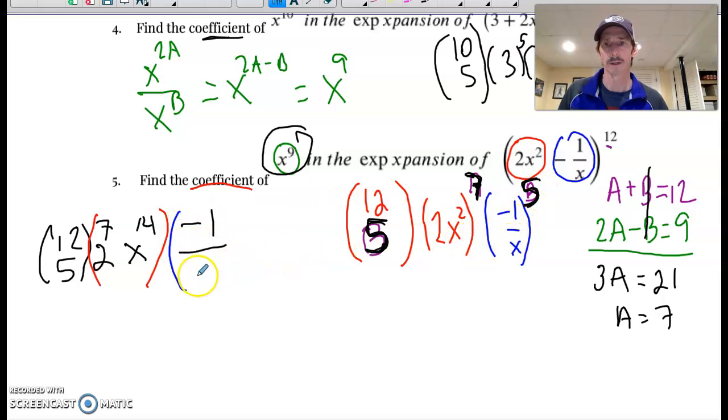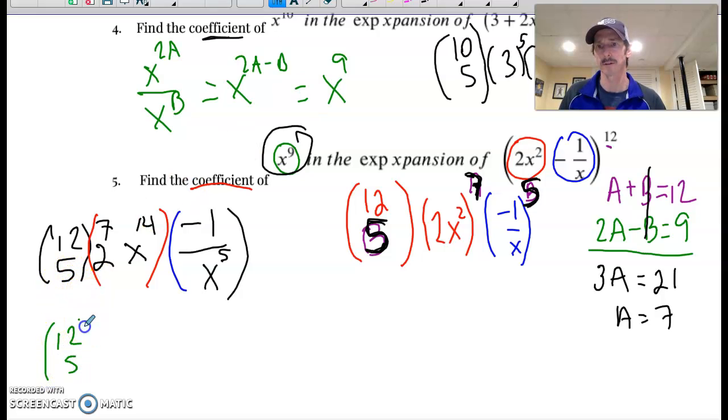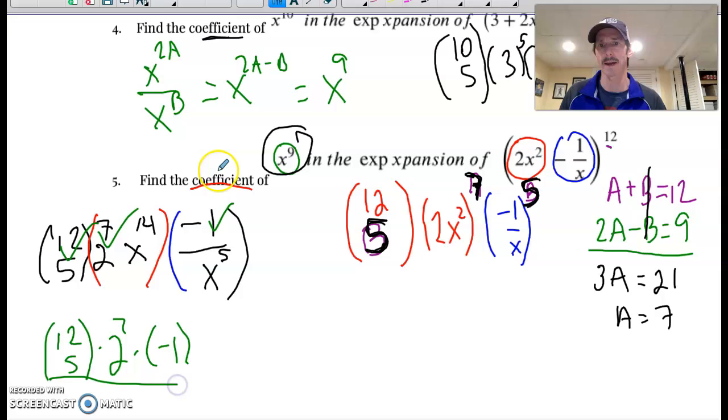And this is going to become x to the 5th on the bottom. And so now if I take a look at this, my coefficient is going to be generated from 12 choose 5 times 2 to the 7th times negative 1, because those are all my just regular numbers going on there. That's my coefficient. That is my actual answer.